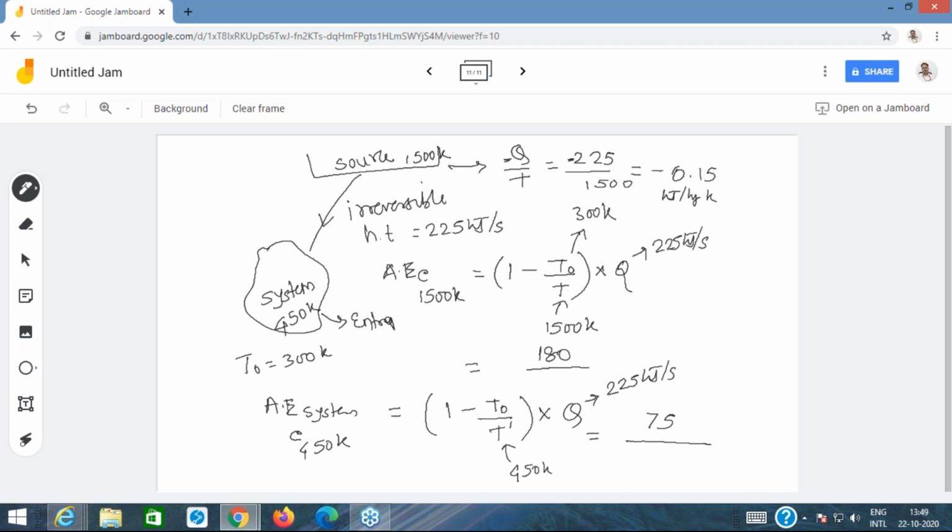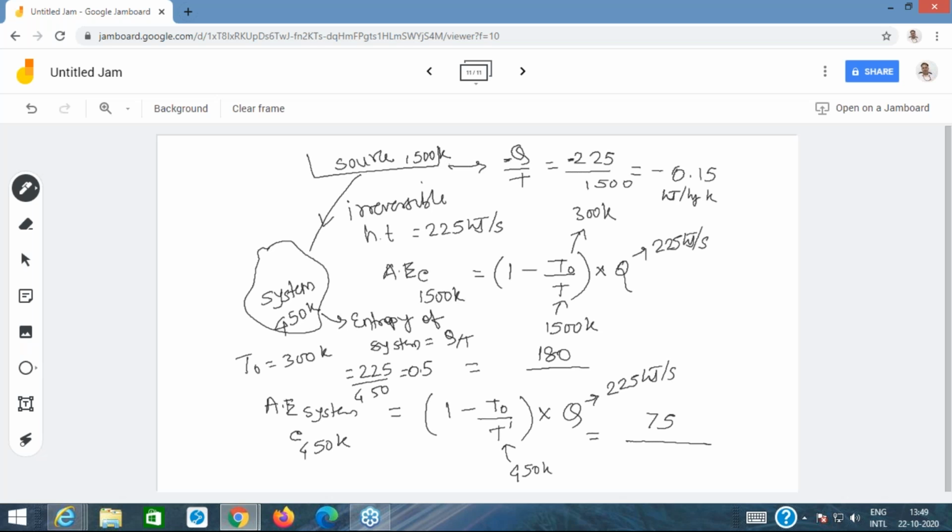The entropy of the system would increase. And it would again be Q by T, because we are assuming an isothermal heat transfer. It is 225 by 450, right? Lakshmi is correct. So it is 0.5.